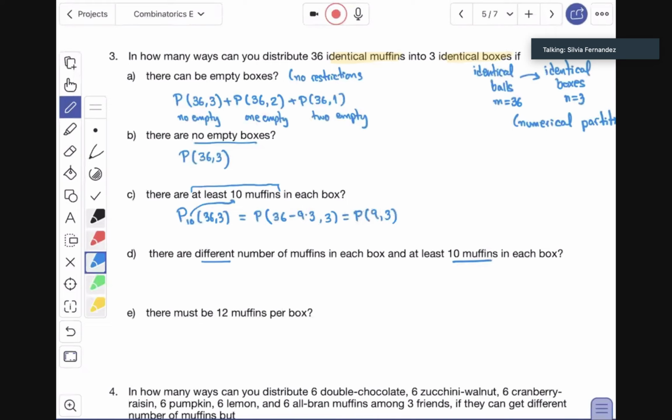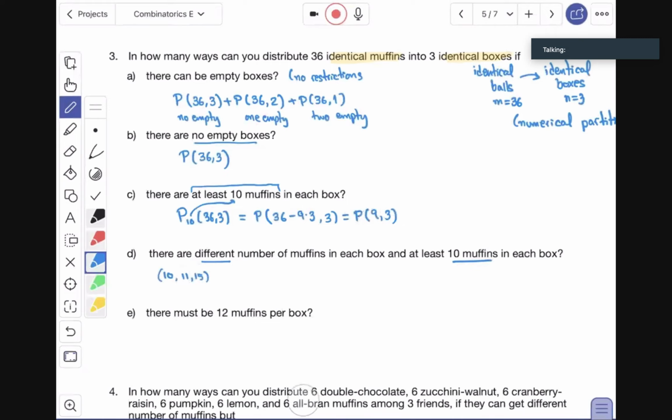And they need to add up to 36, right? So I can have 10, and then the next part, the smallest possible part is 10. And then the next one cannot be 10 because they need to be different. So let's say 11, and they need to add up to 36. So this is one partition.